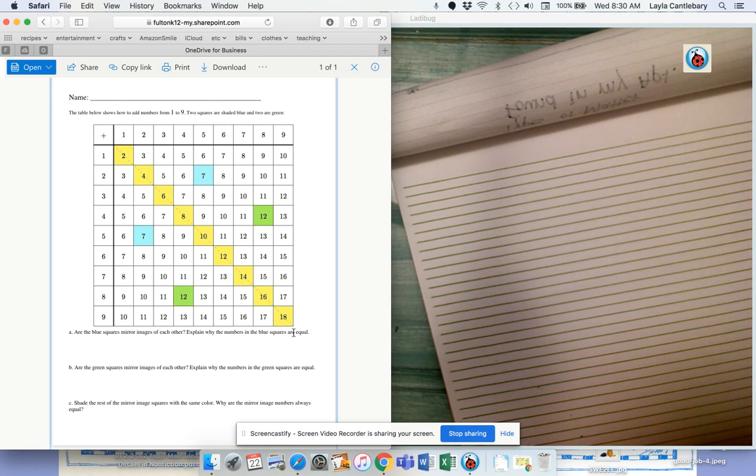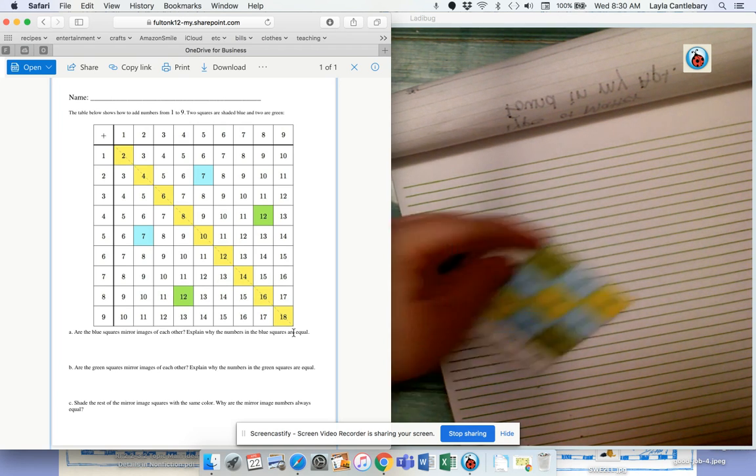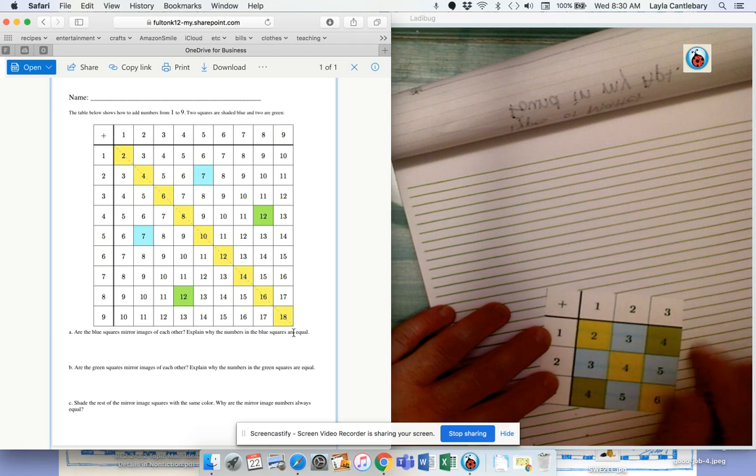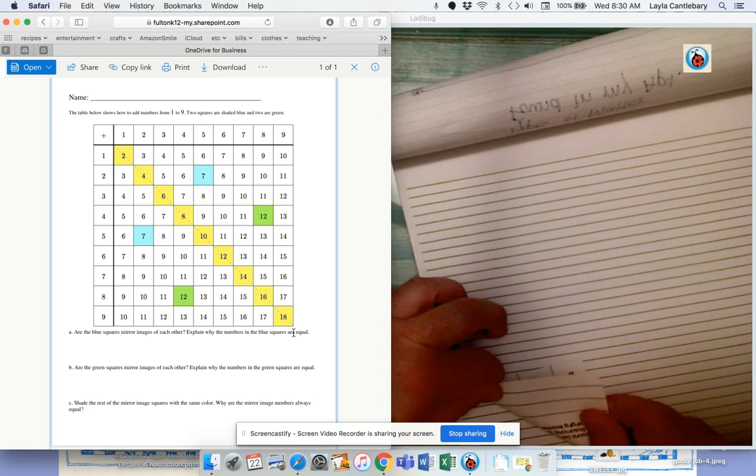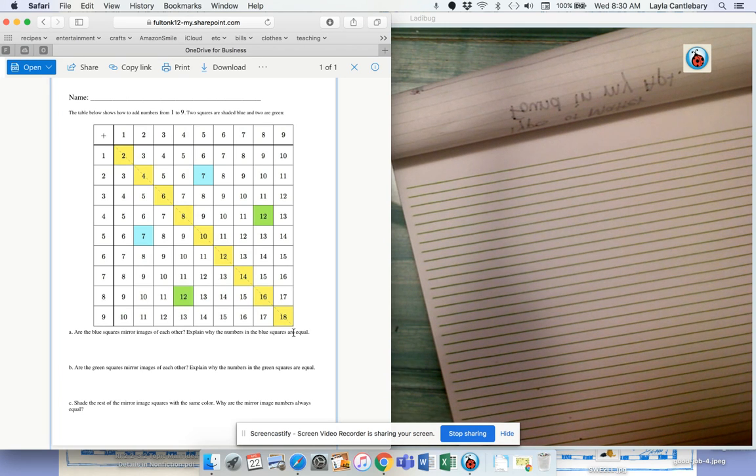I've got to cut it out, so I'm cutting this little one out. And if I fold it on that line, of course, Miss Canterbury is using paper that has already been used once, so that's why it's got this on the back. There we go, I folded it on that line.